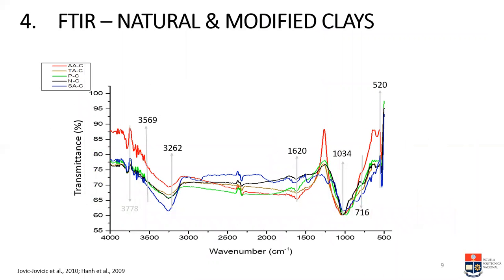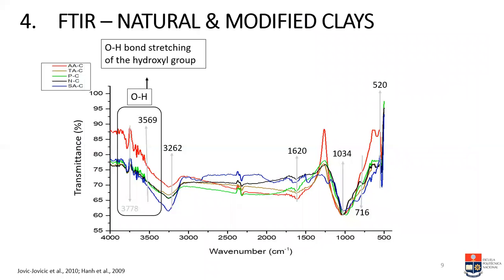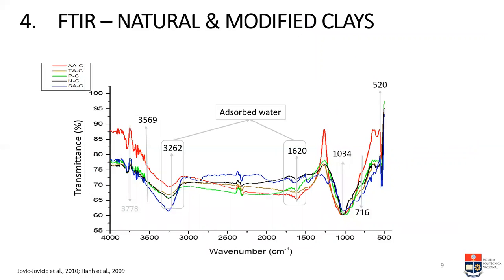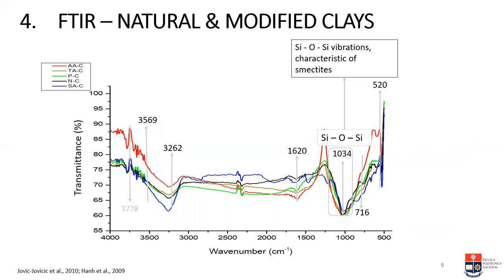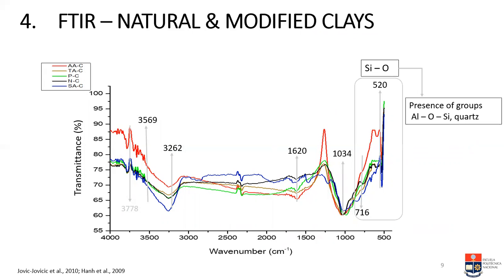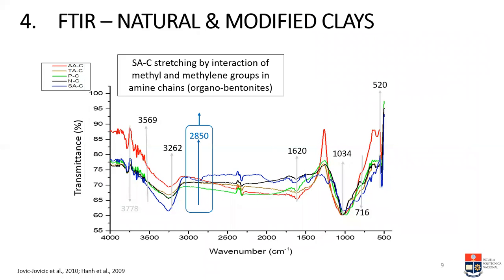Here you can observe the infrared spectra for the natural and the modified clays. As you can observe, there are some bands corresponding to the bond stretching of the hydroxyl groups. The absorbed water also is shown in some bands, and there are some bands corresponding to the silicon-oxygen bonds, and also to the aluminum-oxygen-silicon that we have in the materials that we were using.